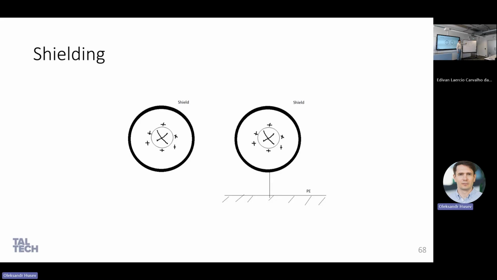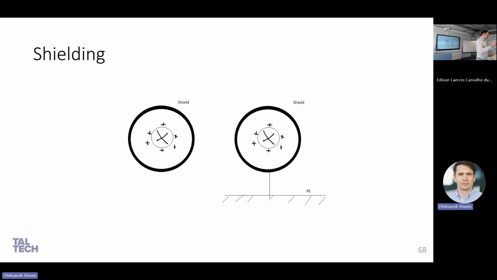So if in the first case we have an electric field like this, in the second case we have an electric field like this. So it doesn't protect the device inside. That's why I calmly answered no. I actually care just about my device. I want to shield my device. But if you ground it, then actually you protect other devices.